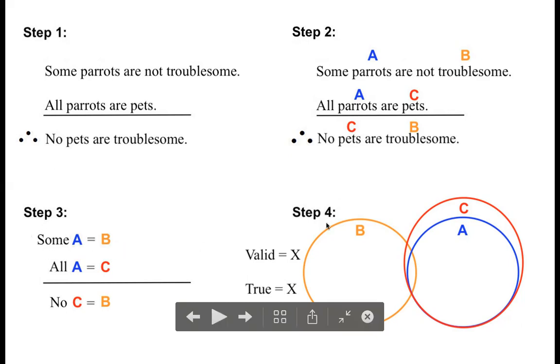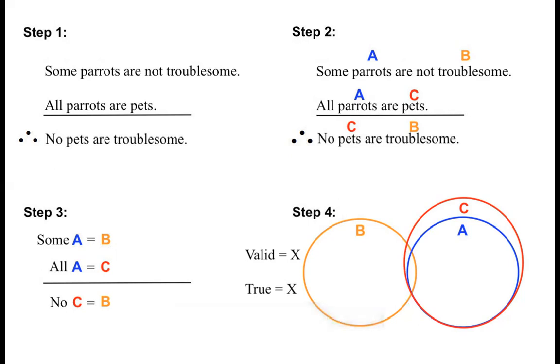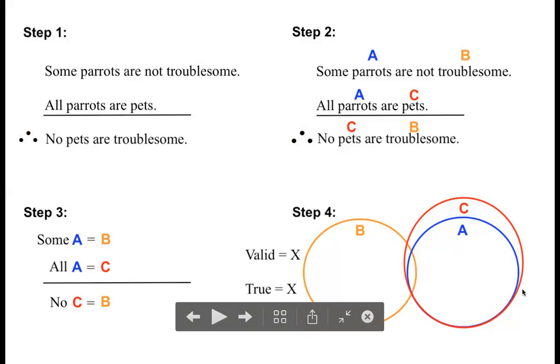Well, clearly, some of the A, in this case the blue, needs to overlap with the orange, which it's doing, okay? And then how do you show the next premise, which is all A equals C? Well, that means that everything that is C must encompass entirely A. As you can see here, the red is showing you that it entirely encompasses A.